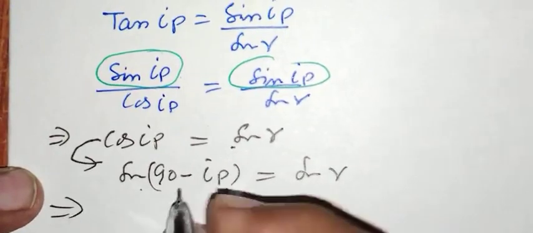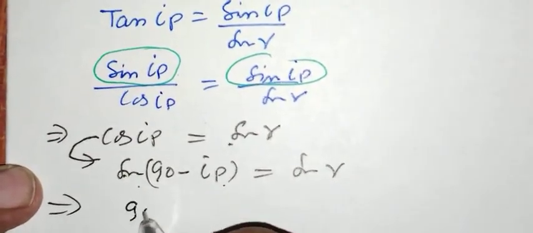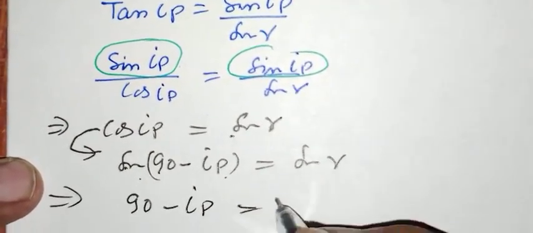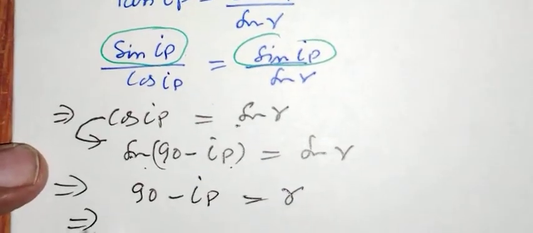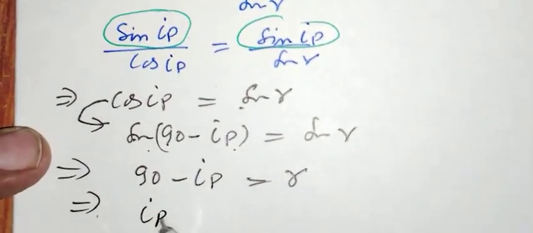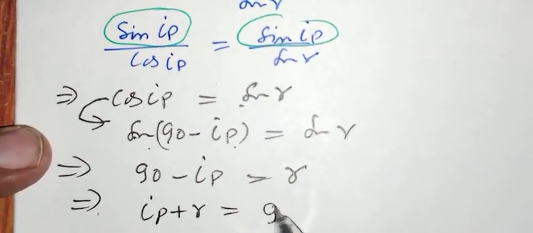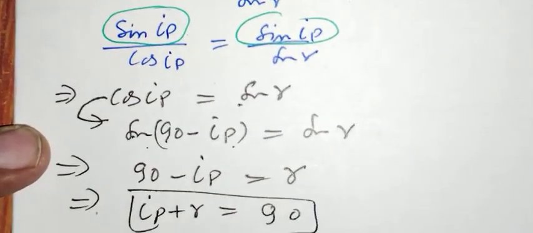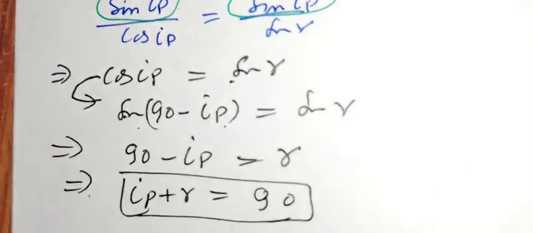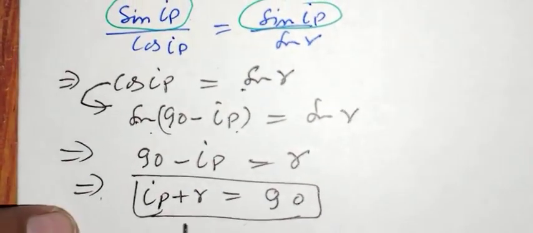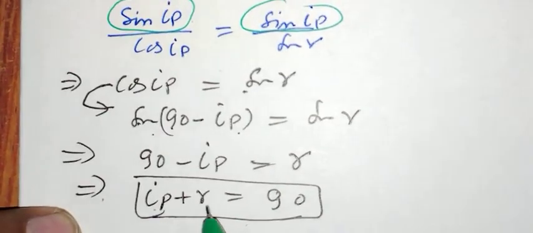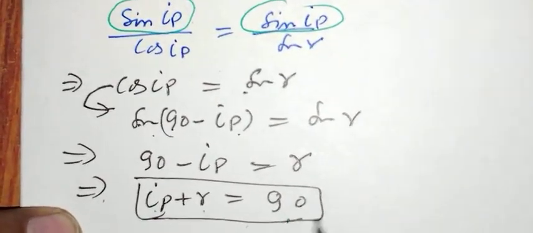Then if both are equal, 90 minus IP is equal to angle R, or polarizing angle plus R is equal to 90 degrees. One thing is very important here: the polarizing angle and R add up to 90 degrees.